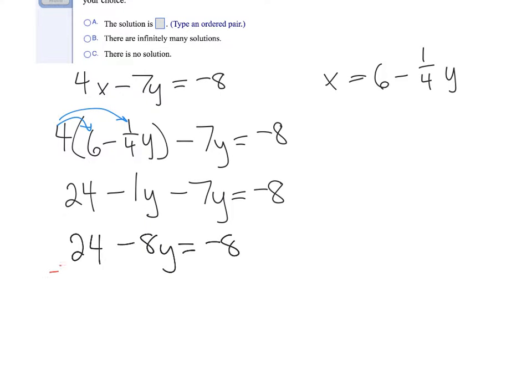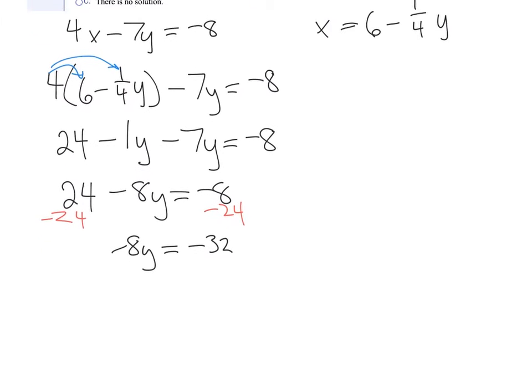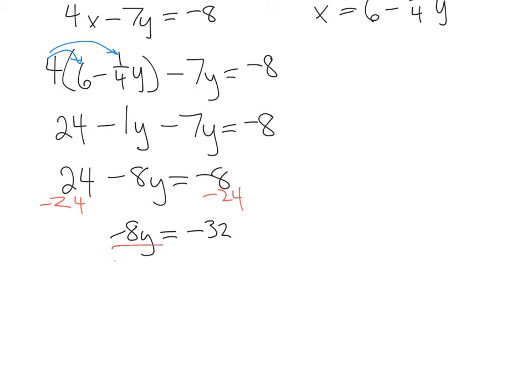And then I'm going to subtract 24 from both sides. So that gives us negative 8y is equal to negative 32. And then dividing both sides by negative 8 gives me y is equal to 4.